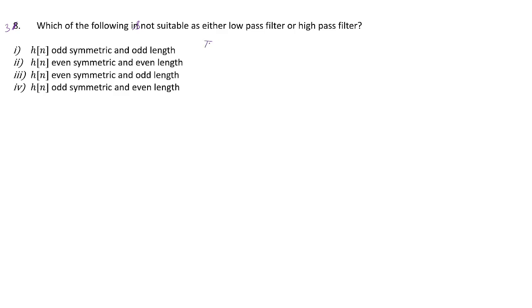So this problem asks to verify the nature of a filter from the properties of its impulse response.